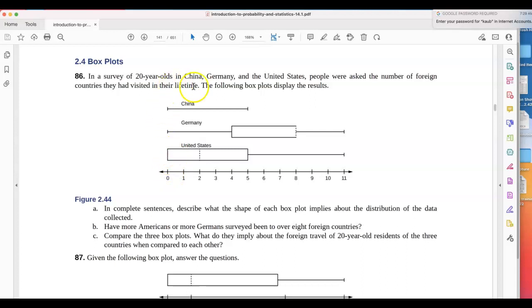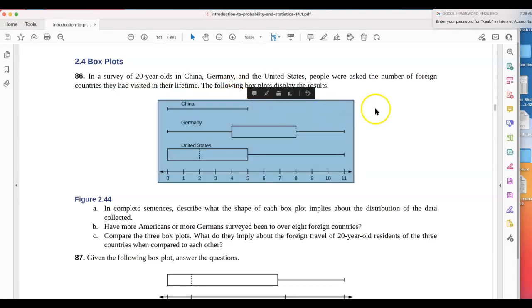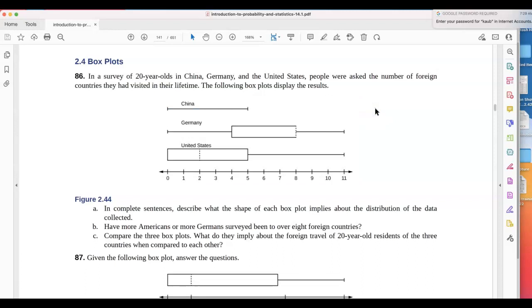It says in the survey, 20-year-olds were asked how many foreign countries they visited in their lifetime. So what they're saying here is that all the data is from 0 to 5. They're all the same. They're all 5s, I believe.